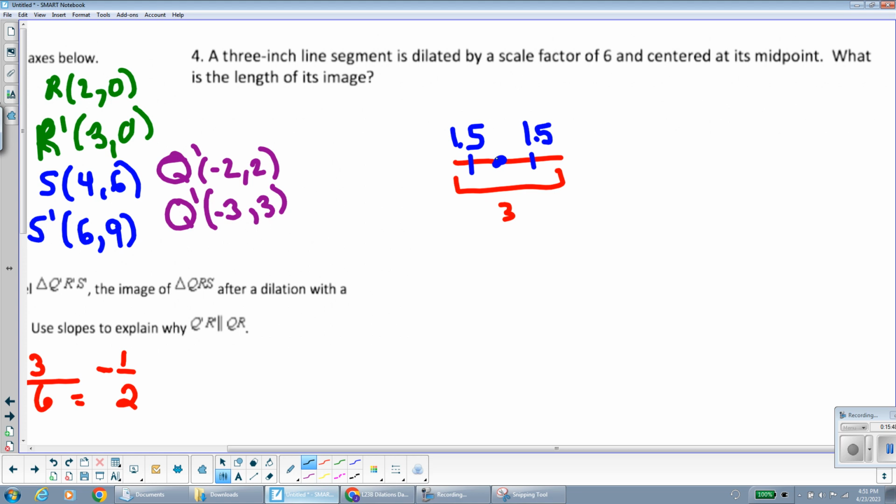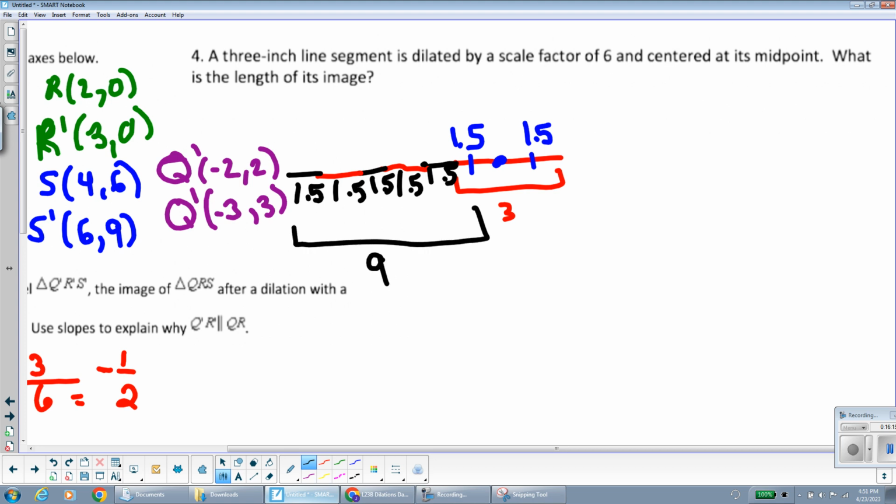So there's now 1.5 piece after the midpoint to the left. There's going to be a second one, and a third one, and a fourth, and a fifth, and a sixth. And these are all 1.5 long segments. So 1.5 times 6, that is 9.